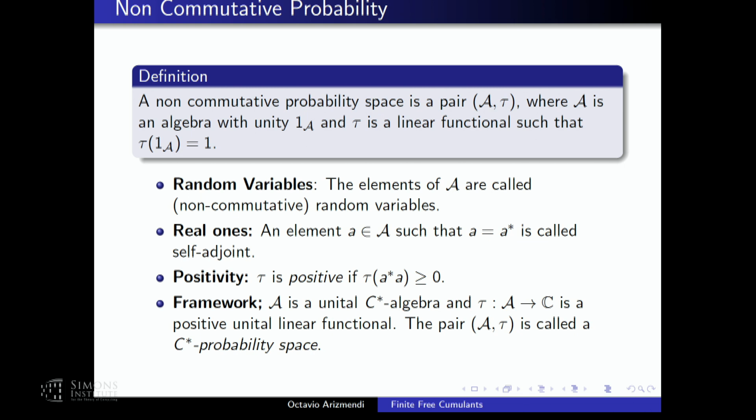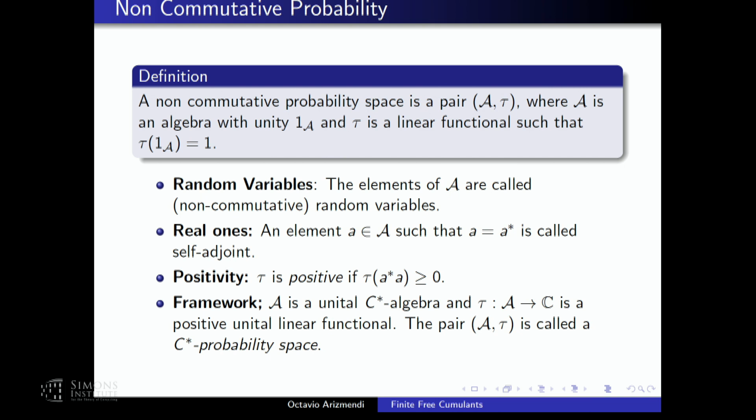The idea is that we want to think of this as the transpose conjugate of a matrix. Okay, and what are the typical algebras that we work with? Because we want some topology, we will work basically with C-star algebras, which are just bounded operators, almost.